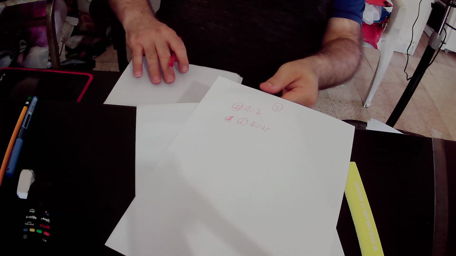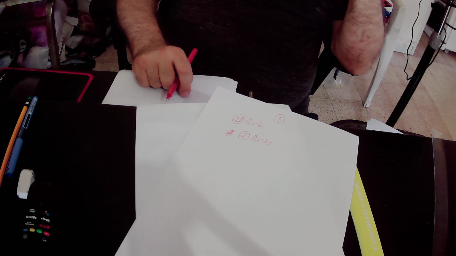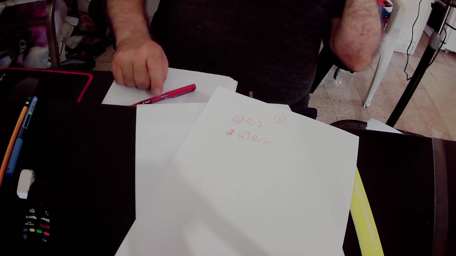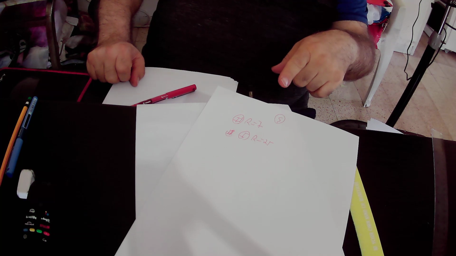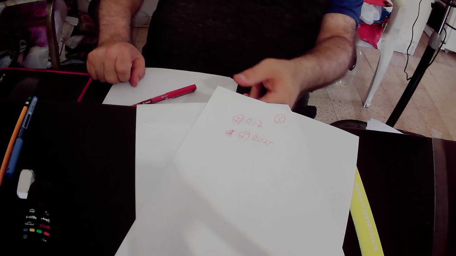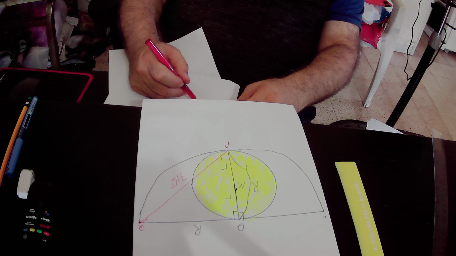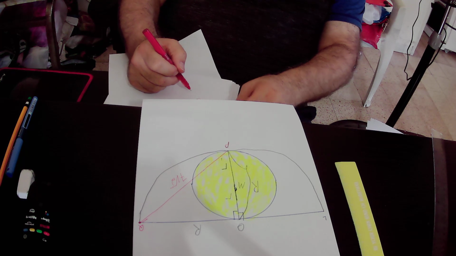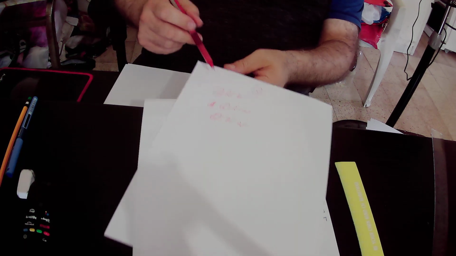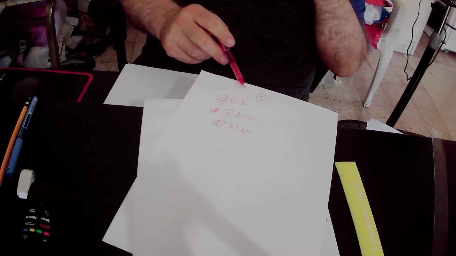According to equation number 1, capital R equals 2 times small r, and we found out that capital R also equals 7, so we can substitute R by 7 in the third equation. We'll get that 7 equals 2 times r. So we substituted R by 7 because R equals 7.